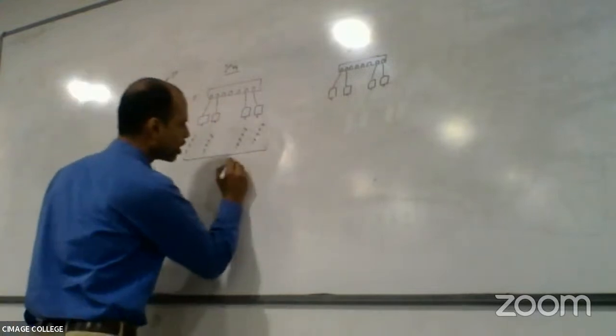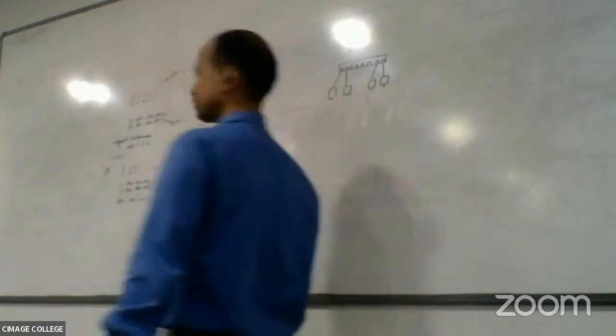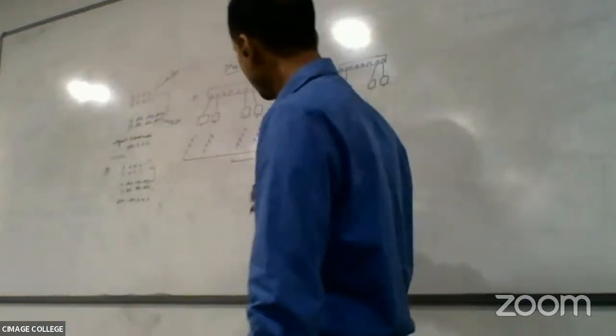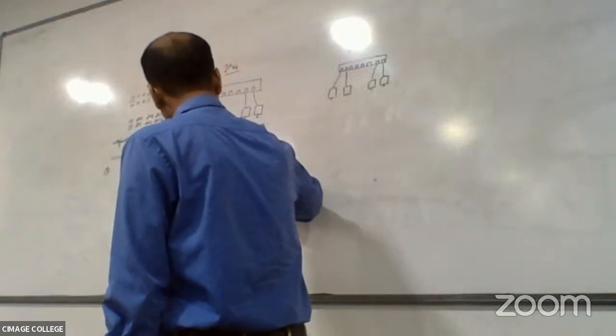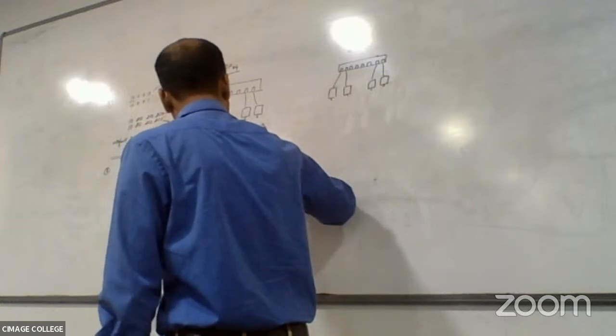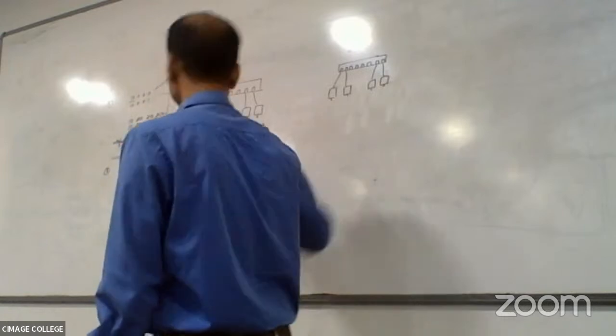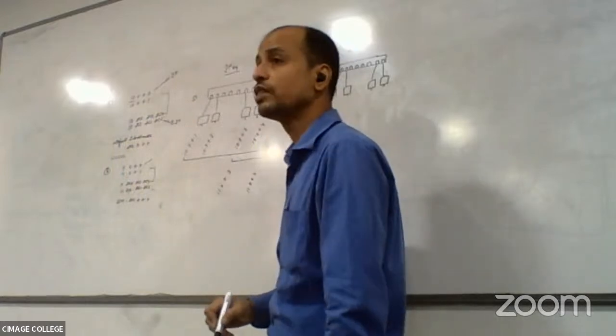Fine. Now I'm going to make some changes with these two nodes. I'm going to put different IP addresses, like for this node 11.0.0.3 and for this node 11.0.0.4. Then what will happen?